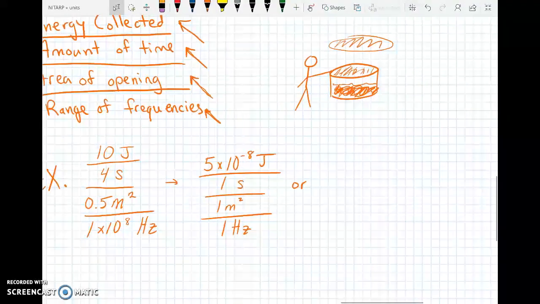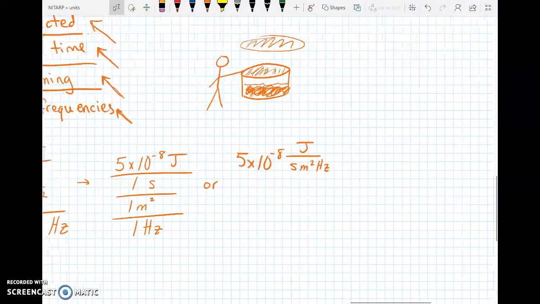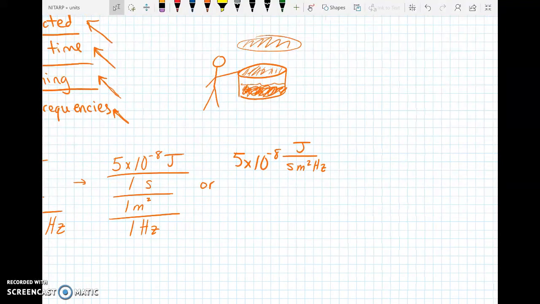Or I could write that as 5 times 10 to the minus 8th joules per second meter squared hertz. But there's another unit called the Jansky, named after a guy named Jansky. And a Jansky is 1 times 10 to the minus 26th joules per second meter squared hertz.